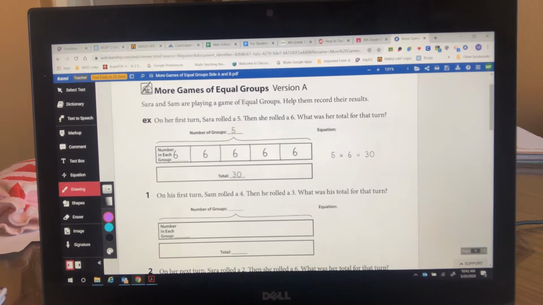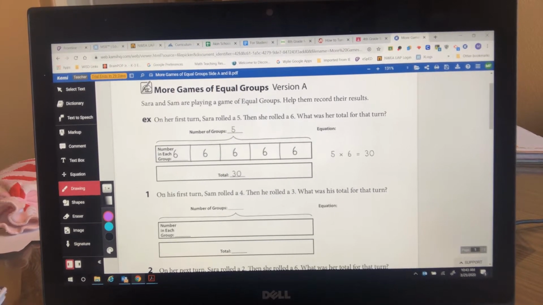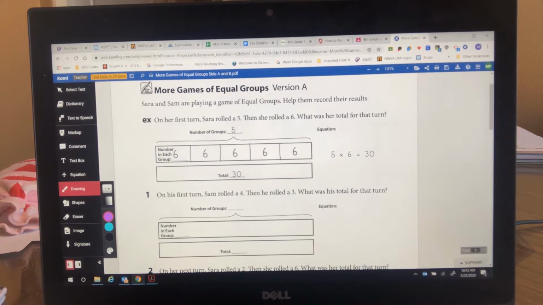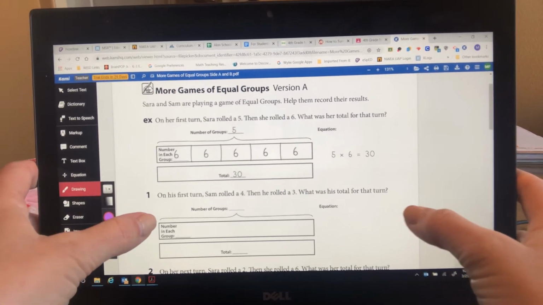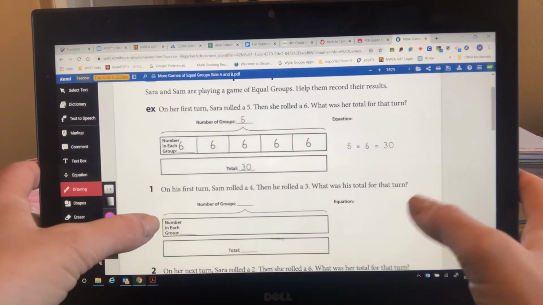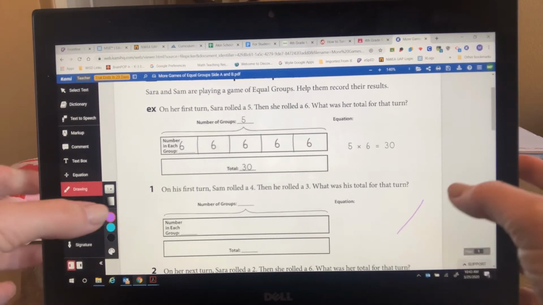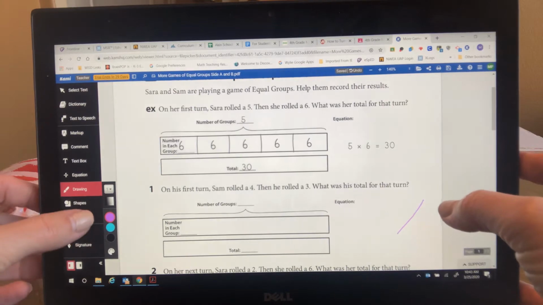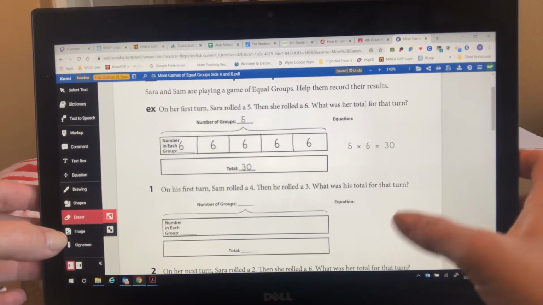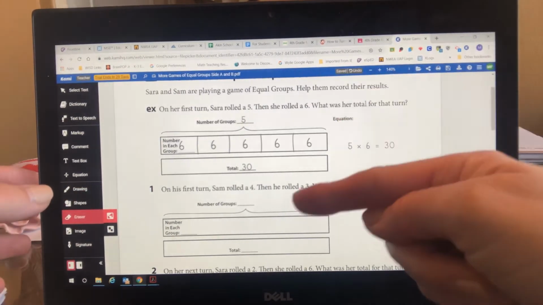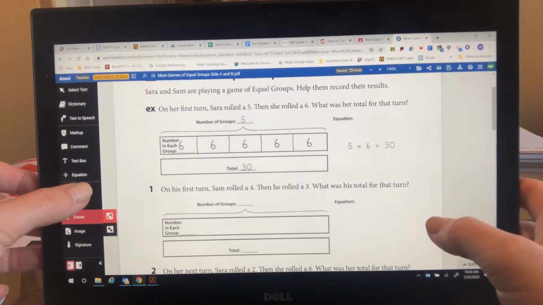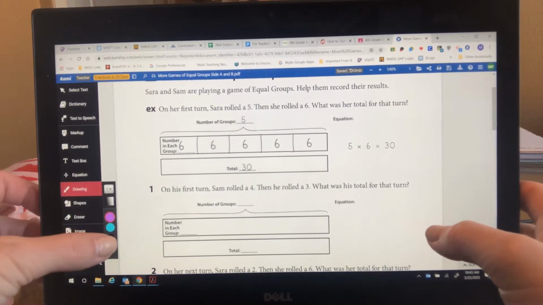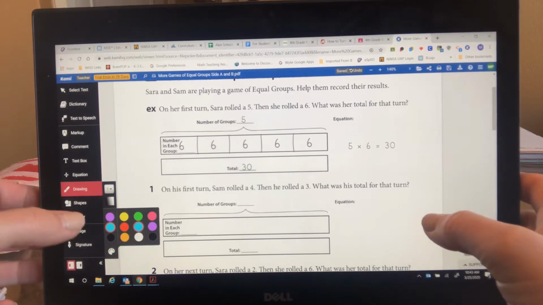So this page we're going to do together is side A, and it is just like the equal groups game that we played yesterday, where we rolled the dice and filled in the organizer. And so it is just a little bit of practice on how you understood that lesson.